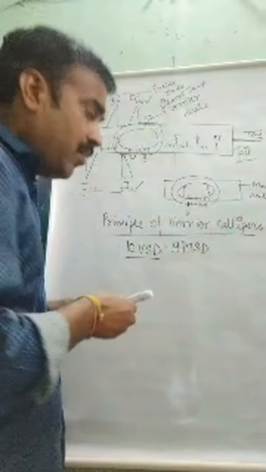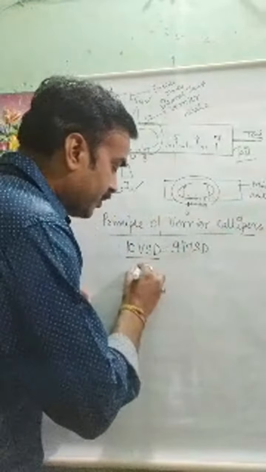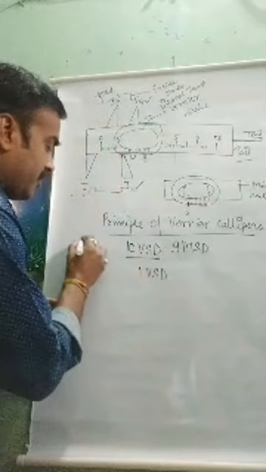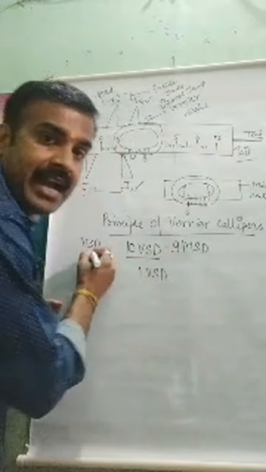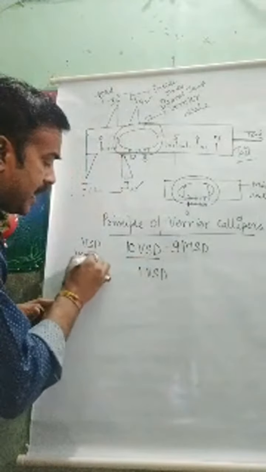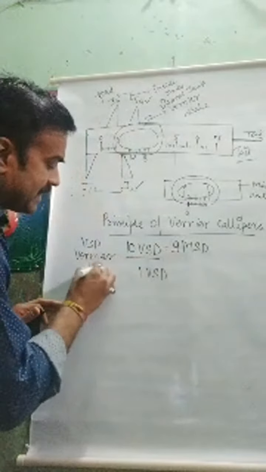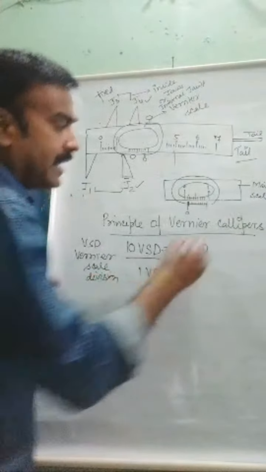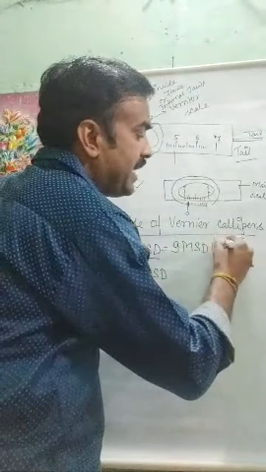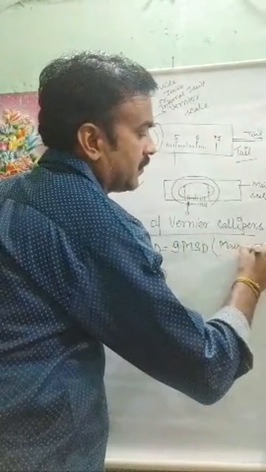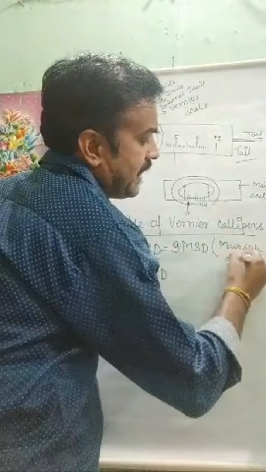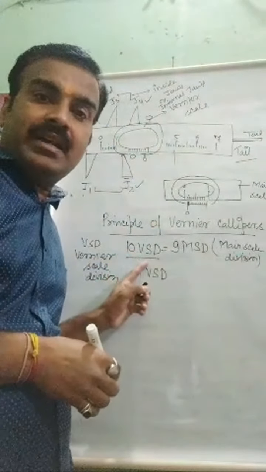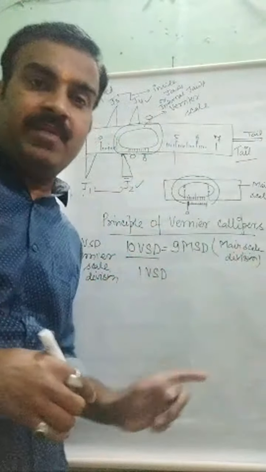Okay, now VSD stands for Vernier scale division, and MSD stands for main scale division. So VSD is Vernier scale division and MSD is main scale division.